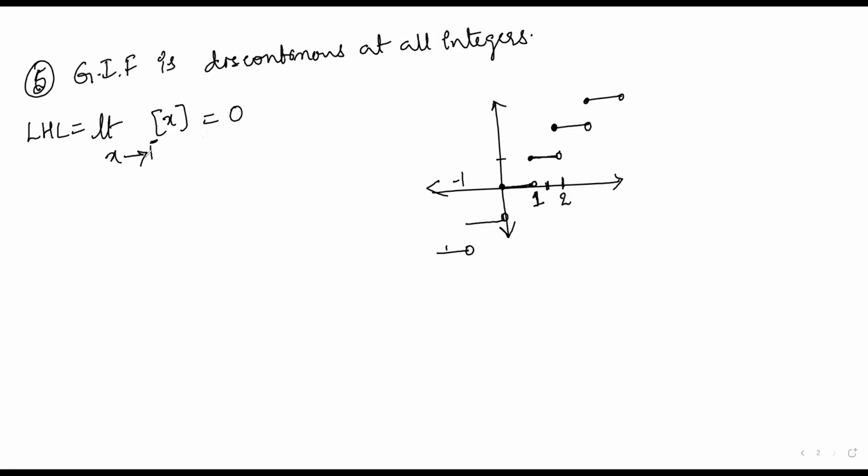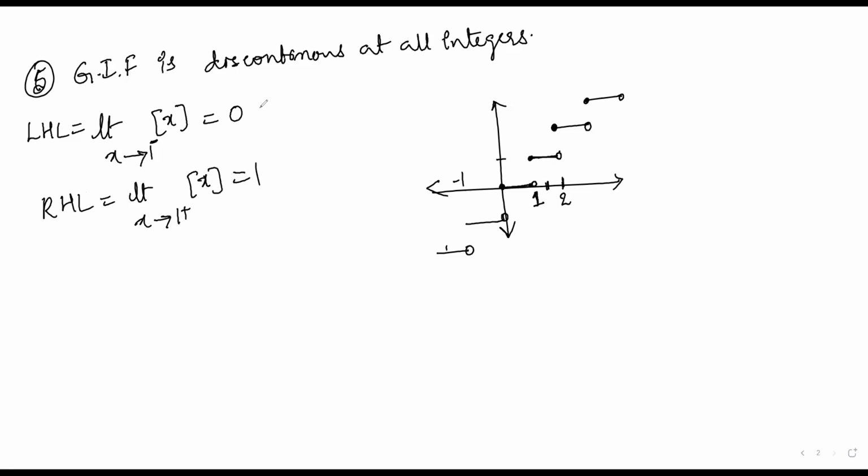We have to find the limit as x tends to 1 of f of x. Using LHL and RHL, RHL is limit x tends to 1 plus, which is 1.